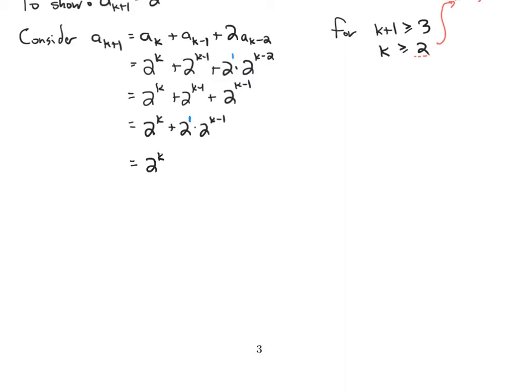This is 2 to the k plus 2 to the 1 times 2 to the k minus 1. 1 plus k minus 1 is k. And using that same logic, we have 2 copies of 2 to the k. And that's 2 to the 1 times 2 to the k. So 1 plus k is k plus 1. So we've done it. We've shown that a_(k+1) equals, we have equals all the way down, equals 2 to the k plus 1. So we've proved it besides our special cases. So, all right, let's do our special cases now.